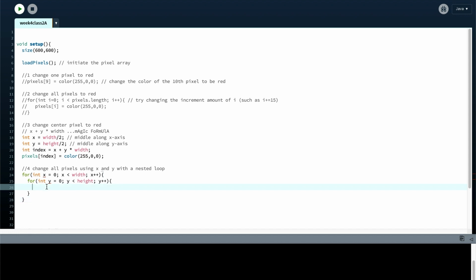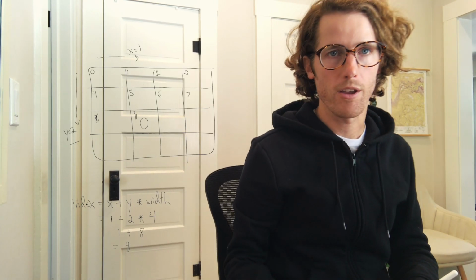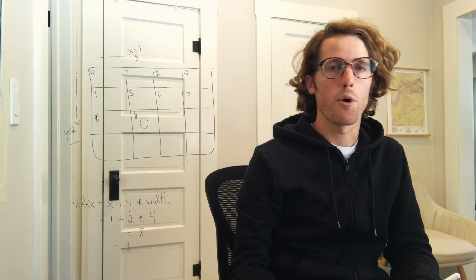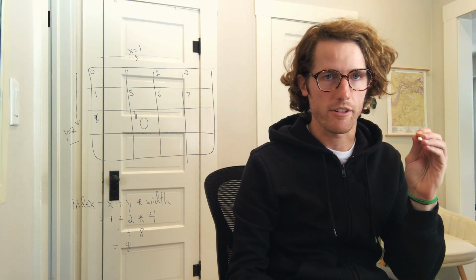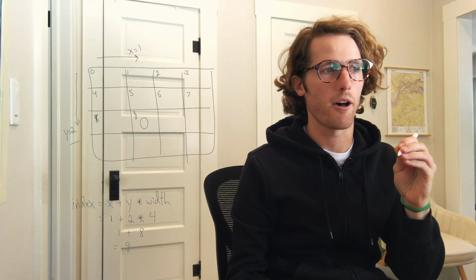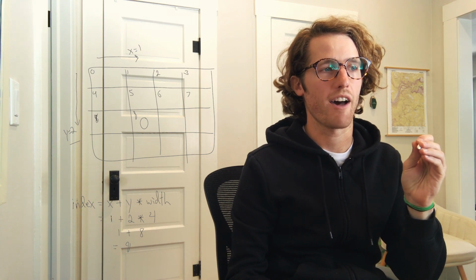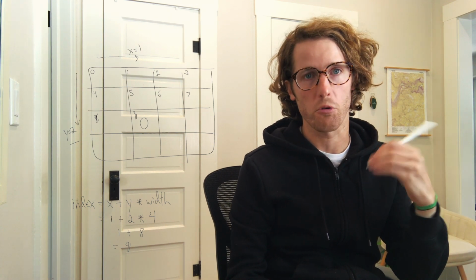Okay. So now what's happening, let's switch over to the other screen just to get a clearer idea of what's happening with this nested loop. I'm going to put a little mark every time as an example of how the x and y loops are working here.